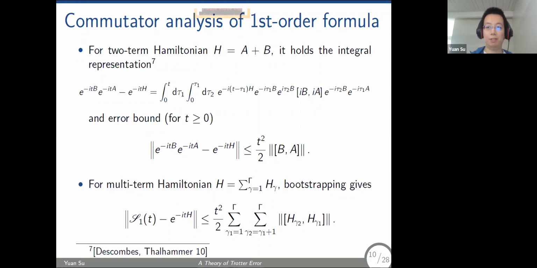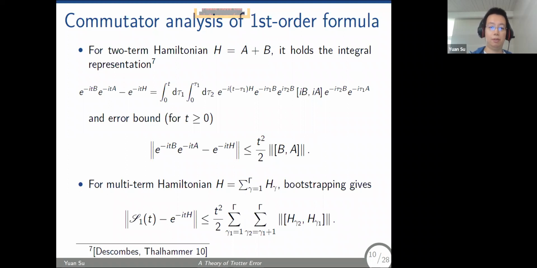Okay, so this is for the simplest two-term case. In general, you have a multi-term Hamiltonian, let's say gamma terms, but the analysis will be similar and you can just invoke this kind of analysis recursively, and you get a general bound for the multi-term Hamiltonian.